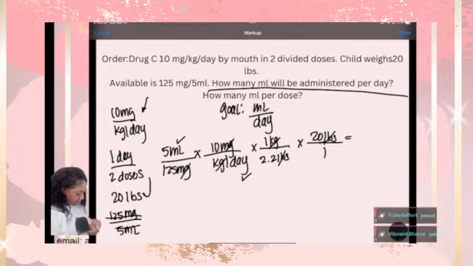So 5 times 10 times 20 divided by 125 divided by 2.2. Does anybody here need a refresher on the calculator trick? 5 times 10 times 20 divided by 125 divided by 2.2.